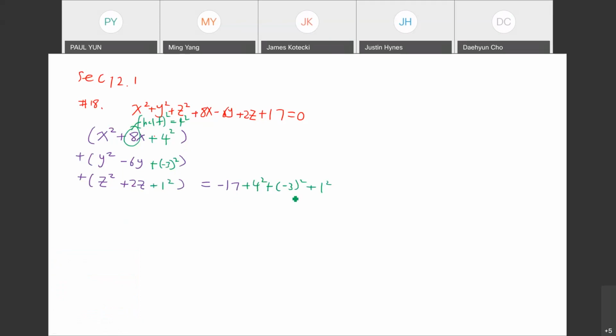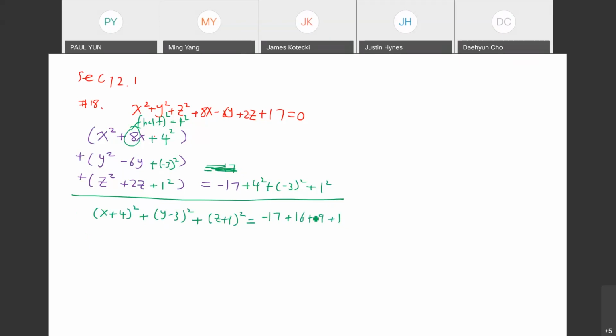So (x plus 4) squared, (y minus 3) squared, (z plus 1) squared. Did you get this? Negative 17. All right, what is this number here? Negative 16, 9, 1. Wipe this out. 9.